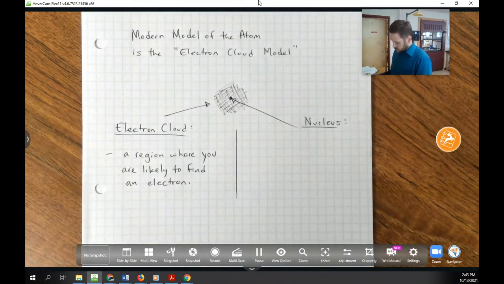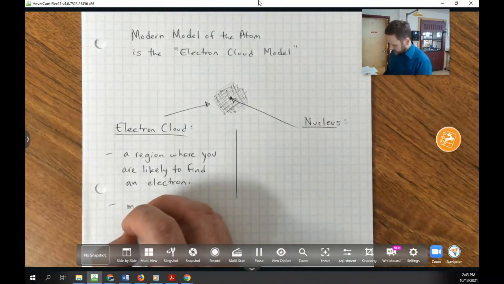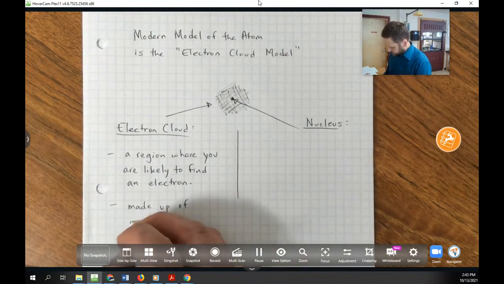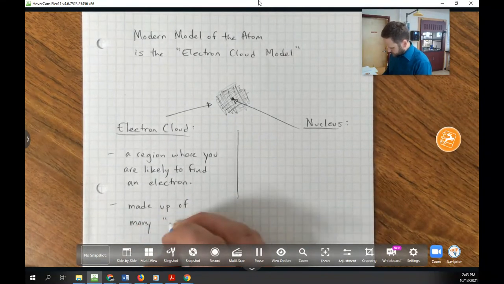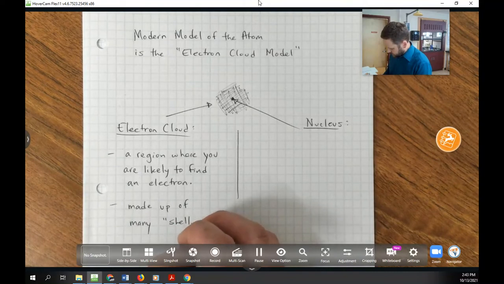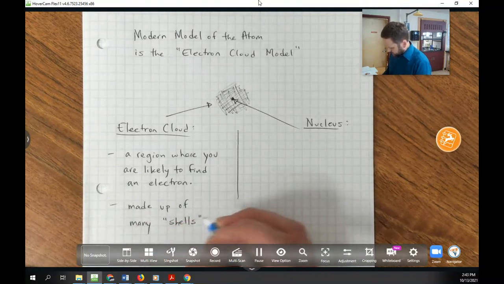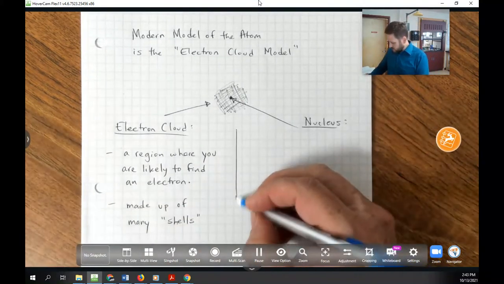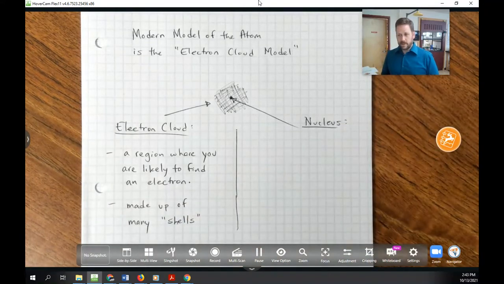And then later in this unit, we're going to develop the idea that the electron cloud is made up of many shells. And I'm going to put the word shell in quotation marks, but this is a common way of describing the energy levels, is to use the word shells, but we will learn and we'll continue to talk about the fact that the electron cloud has many different energy levels or many different shells that electrons can be described as residing in.